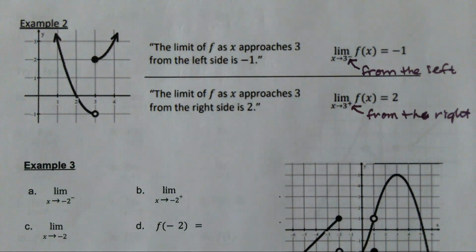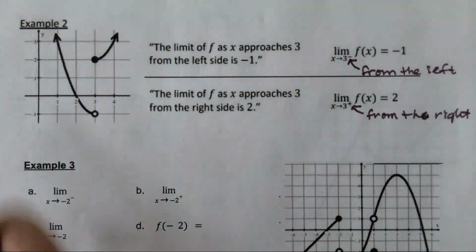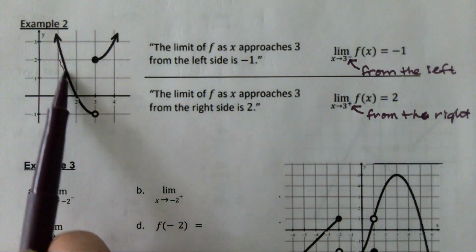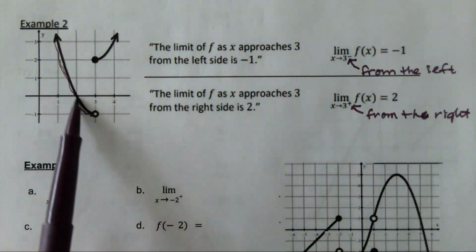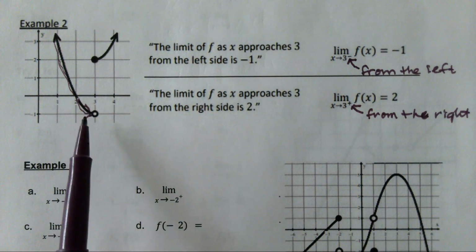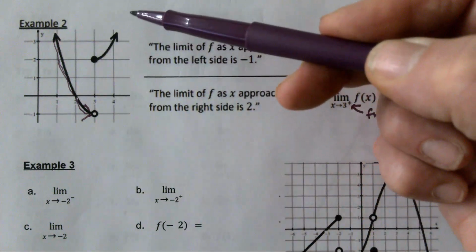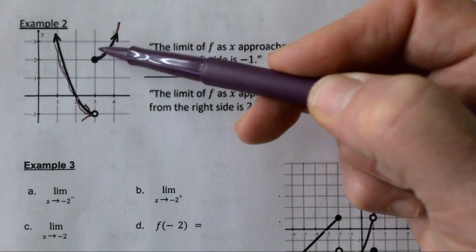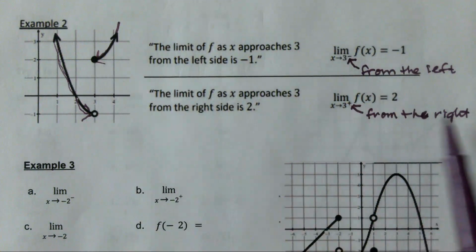All right? So when I look at this picture, as I travel on this function from the left, I land at -1. And as I travel on that function from the right, I land at 2.